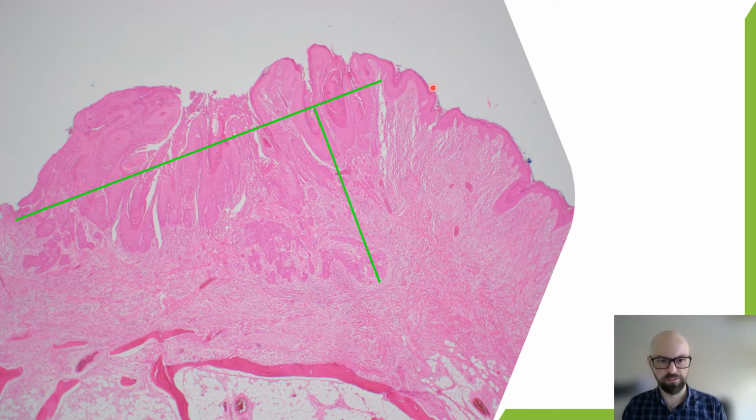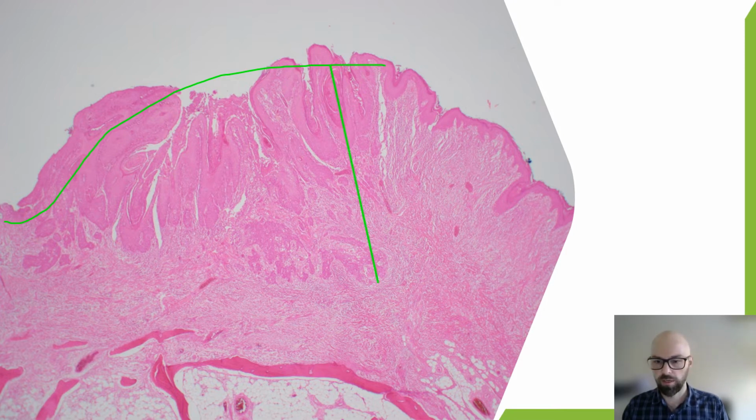There aren't any straight jagged lines like that. So a lot of the more recent recommendations now are to draw, or mentally draw, a curvilinear line, reproducing where that basement membrane would realistically lie, and then measure down the depth of invasion, which seems to make a lot more sense to me.